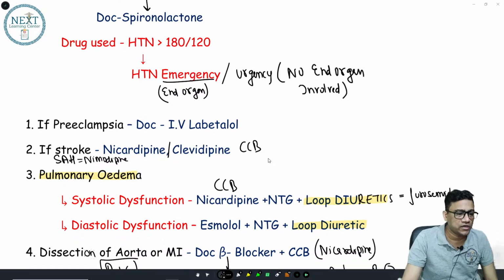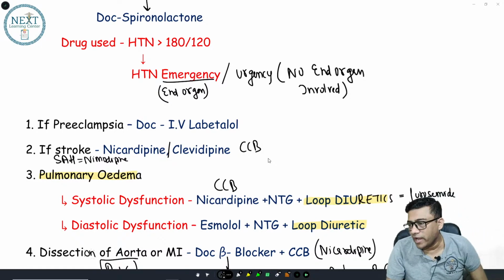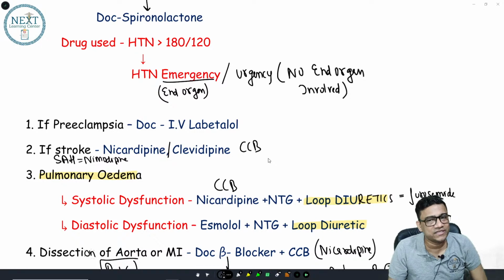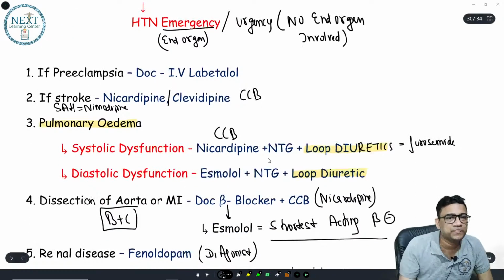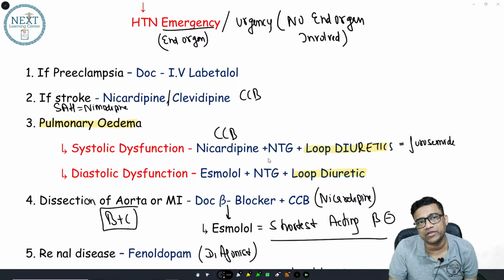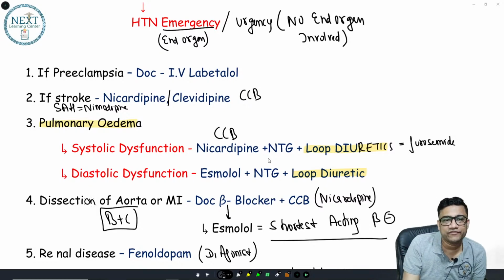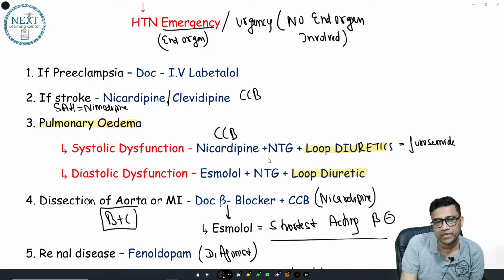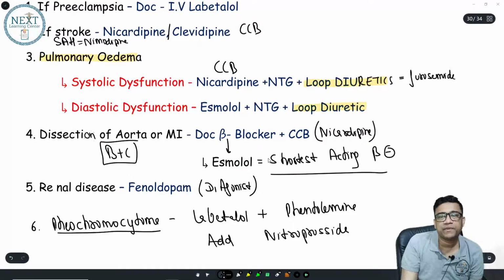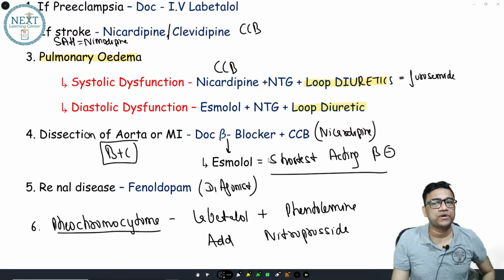If it is preeclampsia, the drug of choice is labetalol, which I discussed already. If stroke, nicardipine, clevidipine. If subarachnoid hemorrhage, nimodipine is preferred. If there's pulmonary edema, the main drugs are loop diuretics.